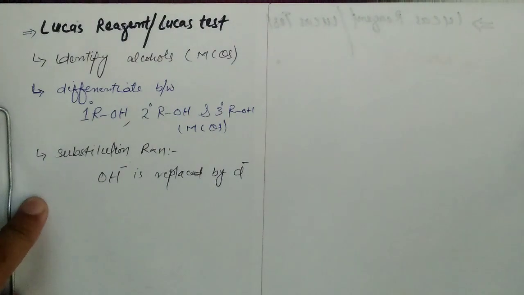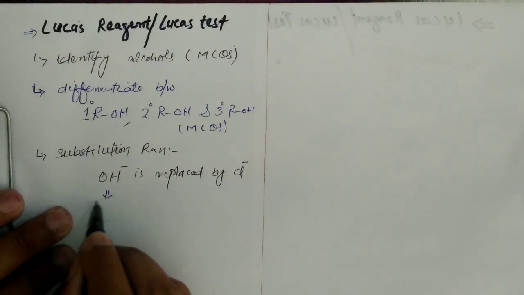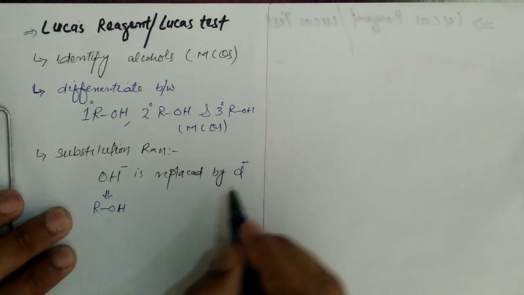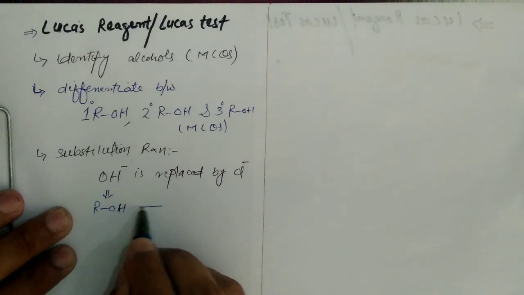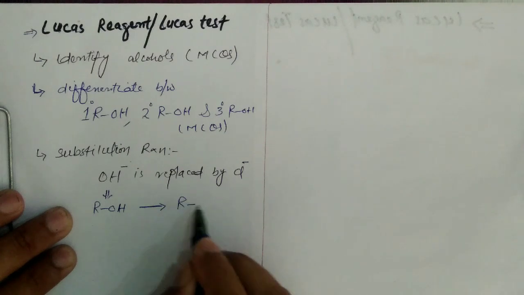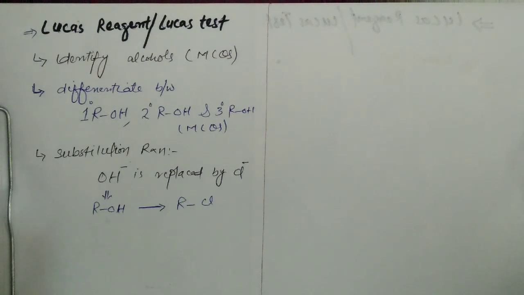So it's clear that OH from the alcohol is replaced by Cl negative, meaning we start from alcohol and the resulting product will be what? Alkyl halide. So this is a kind of substitution reaction.